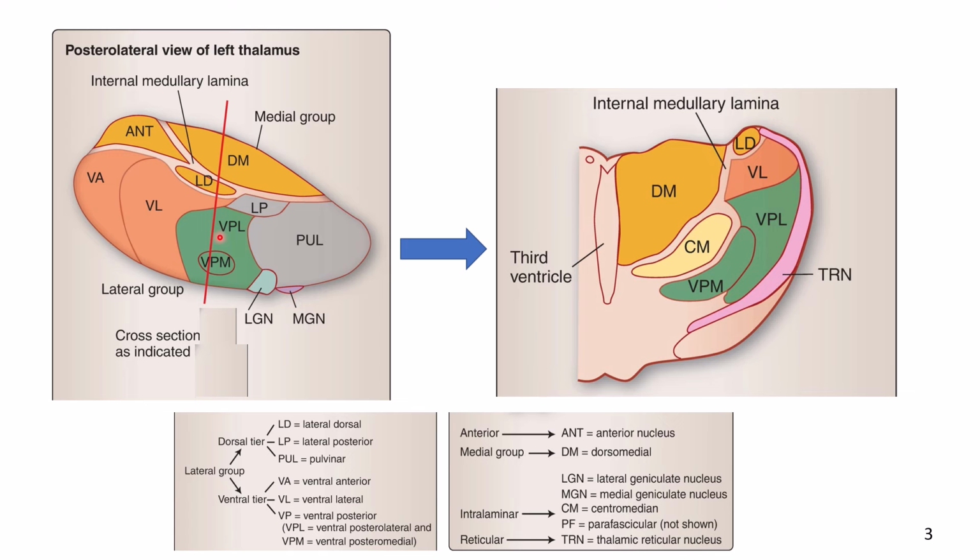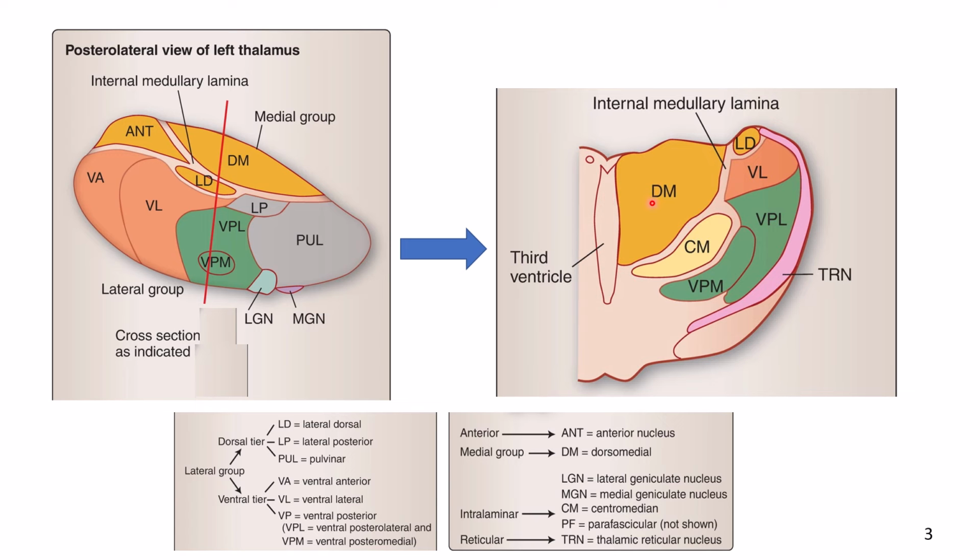If you cut the thalamus like that, then you have an image like this. There are two thalami, one on each side, as I said before. In the middle, they are separated from each other by the third ventricle.